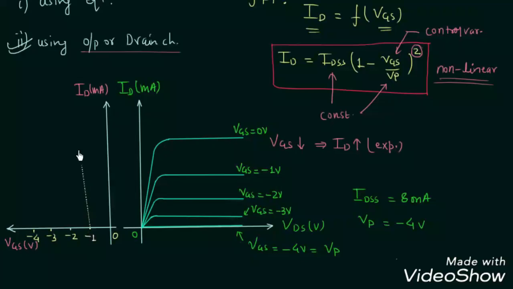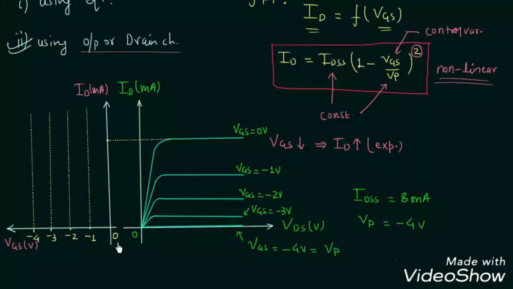Now I will draw the vertical line like this. I will do the same thing for all the 4 points, -1, -2, -3 and -4. Now I will extend the horizontal line like this. And the first curve in the output characteristics, when VGS is equal to 0 volt, is intersecting at this point.